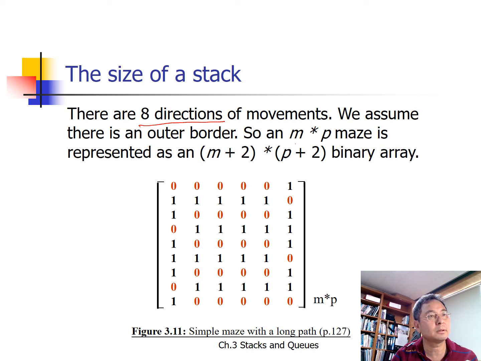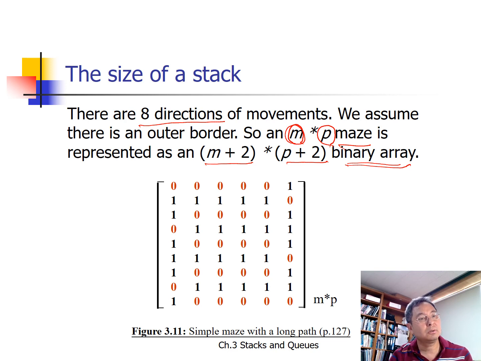If the given maze size is m by p, then we just represent it as an m plus 2 by p plus 2 binary array. Represent the maze m by p as an m plus 2 by p plus 2 binary array.